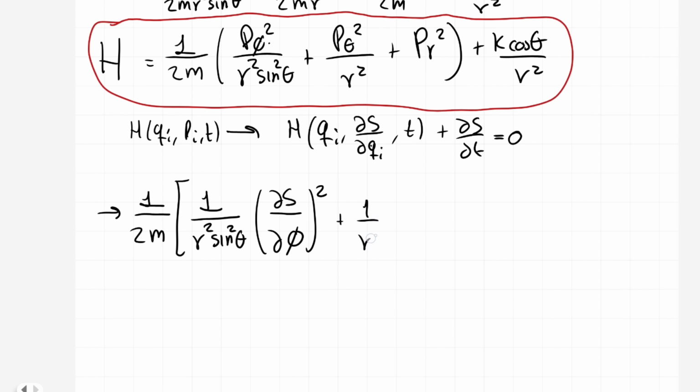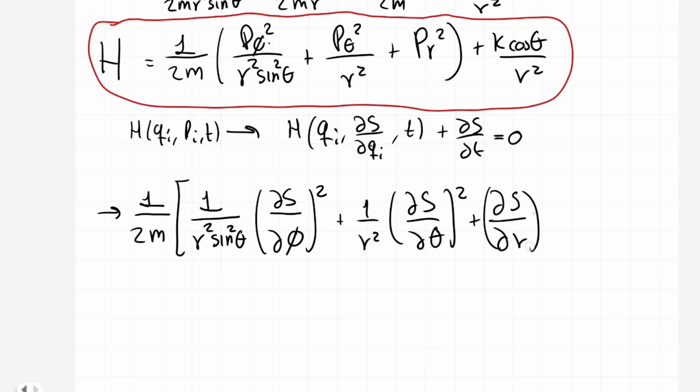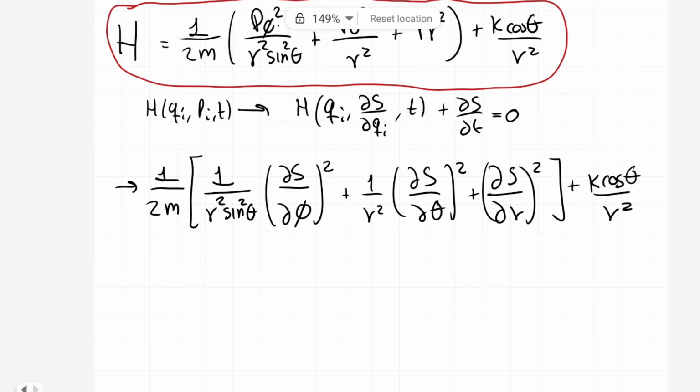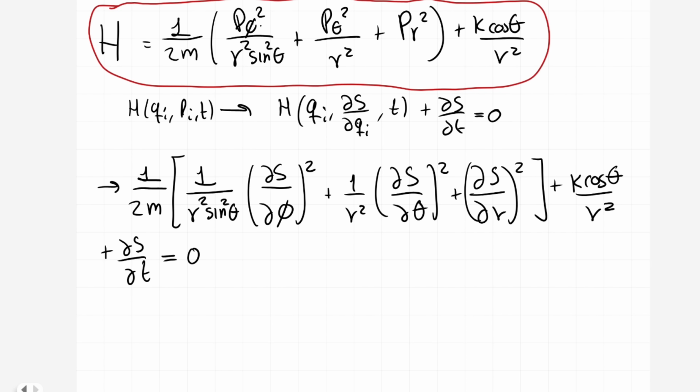Then plus 1 divided by r squared, the derivative of S with respect to theta squared, sorry, here it's theta because we have p theta here. Then plus the derivative of S with respect to r squared, and then plus k cosine theta divided by r squared, plus the derivative of S with respect to time equals 0. Okay, this is the Hamilton-Jacobi equation for an electric dipole.